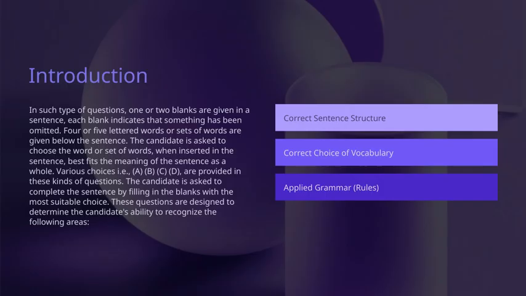Remember, the focus is on choosing the most suitable option that maintains the sentence's overall meaning and flow. This exercise not only boosts your language proficiency, but also enhances your ability to recognize correct grammatical patterns and vocabulary usage in context. So, always read the sentence carefully, consider the context, and think about which choice best fits both the meaning and grammatical structure.